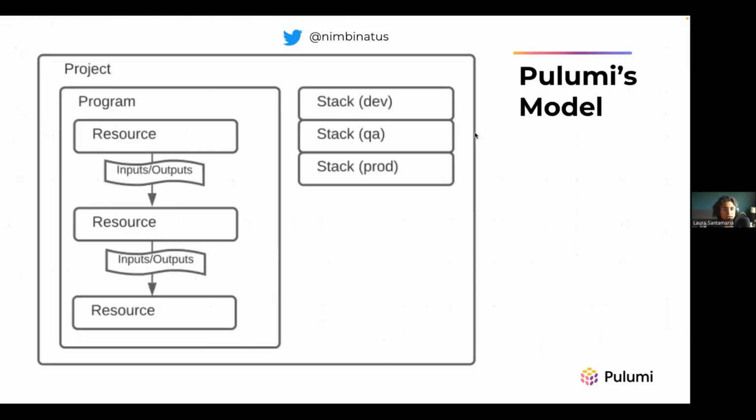With that in mind, I want to talk a little bit about Pulumi's model. This can be found in the Pulumi docs in the architecture and concepts section. Pulumi thinks about your infrastructure in terms of projects. So when you have a specific piece of infrastructure, you're thinking about it in terms of the application that maybe is running on top of it.